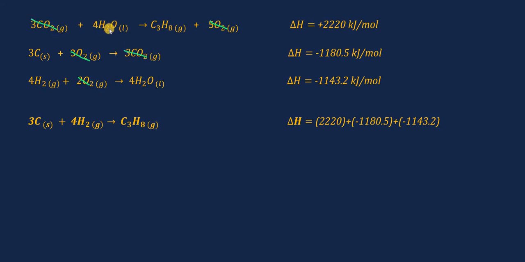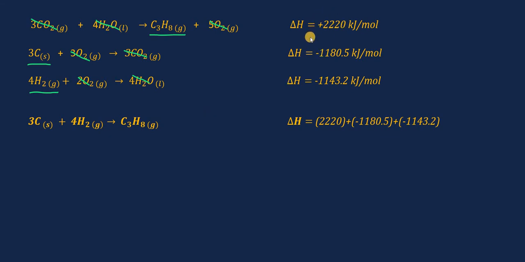We have 4 water here, and 4 water here, so they cancel. So you're left with your propane, your 3 carbon solids, and your 4 hydrogen gas molecules. And that's what's in your overall reaction. And that's, like I said, a quick way to check to see if your manipulations were done correctly.